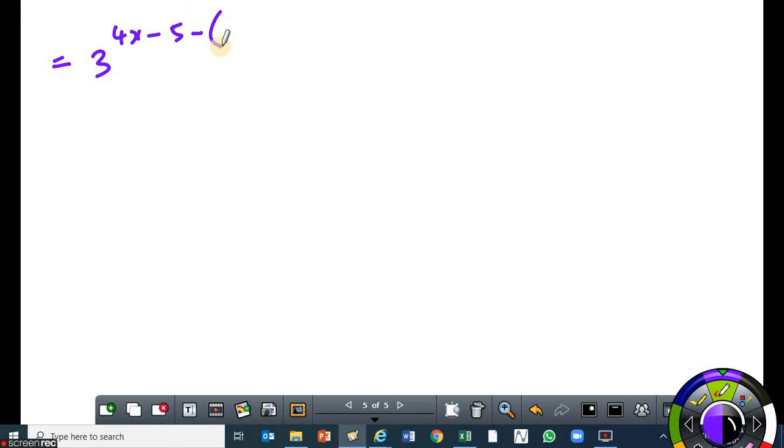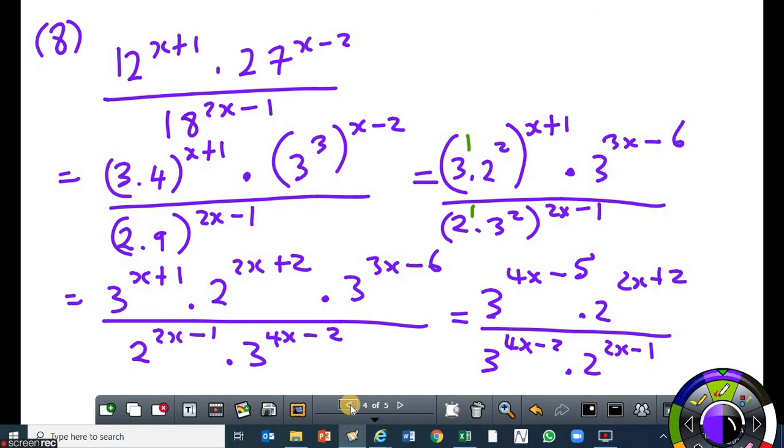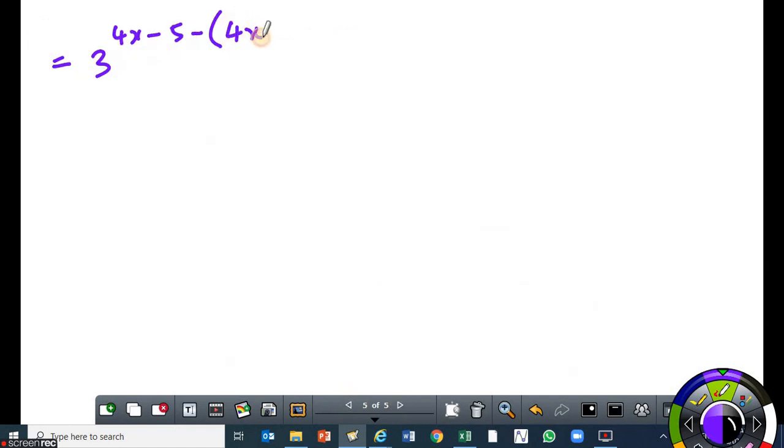We are subtracting the exponents because the bases are being divided and the bases are the same. So we put the exponent 4x minus 5 here. Next you put minus, then this 4x minus 2 we put inside brackets. It's a binomial exponent, so it has to be put inside brackets. Then times the base of 2.